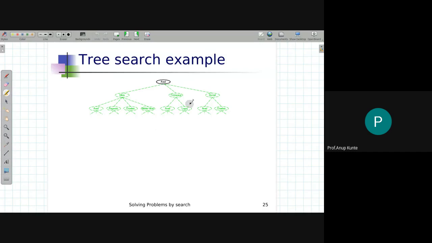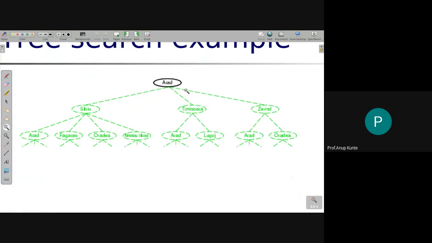This is the same example. I hope this is visible, as the text is shorter here. So this is how the tree search would work. Initial node, you will be in the first city in that graph.